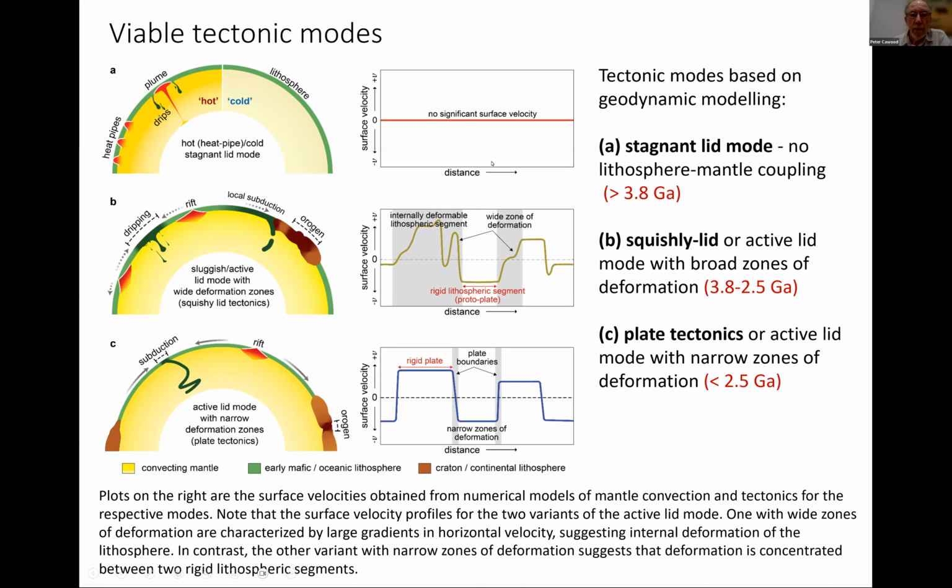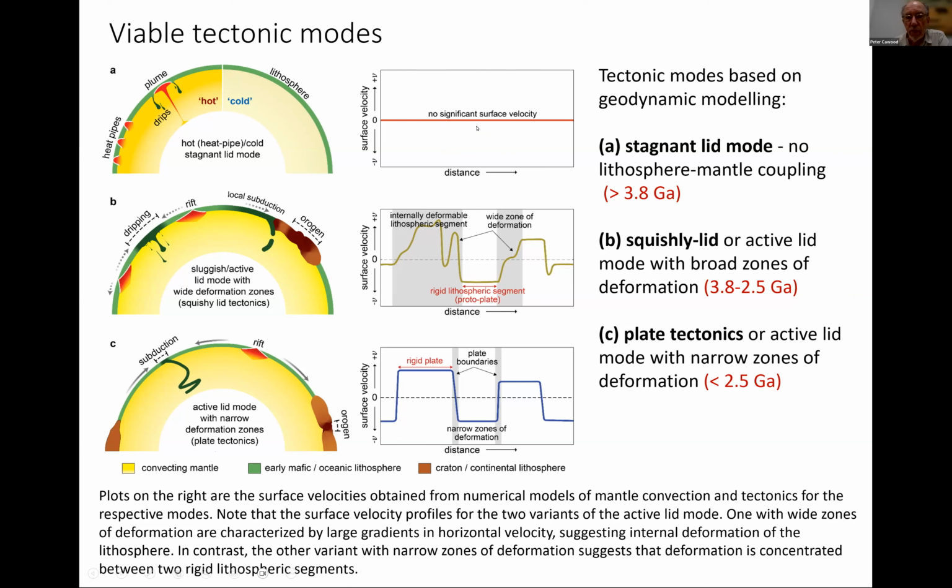Now, we think when the Earth first formed, we may have had quite a different mode. That picture I showed in the previous diagram with that hot orb as the Earth first accreted, we had the magma ocean, and then once the Earth cooled, we think we may have had a stagnant lid mode. And a stagnant lid mode is one in which you have a lithosphere and a mantle, but there is no coupling between them.